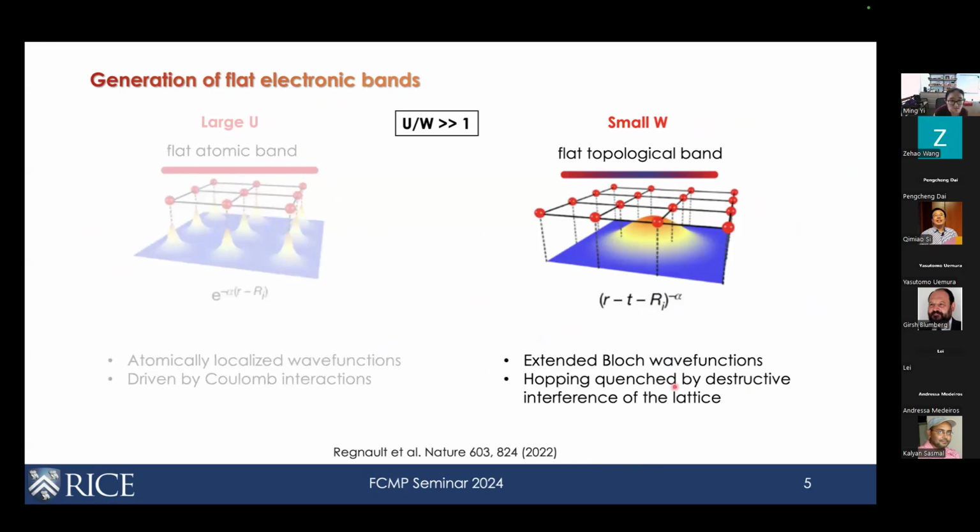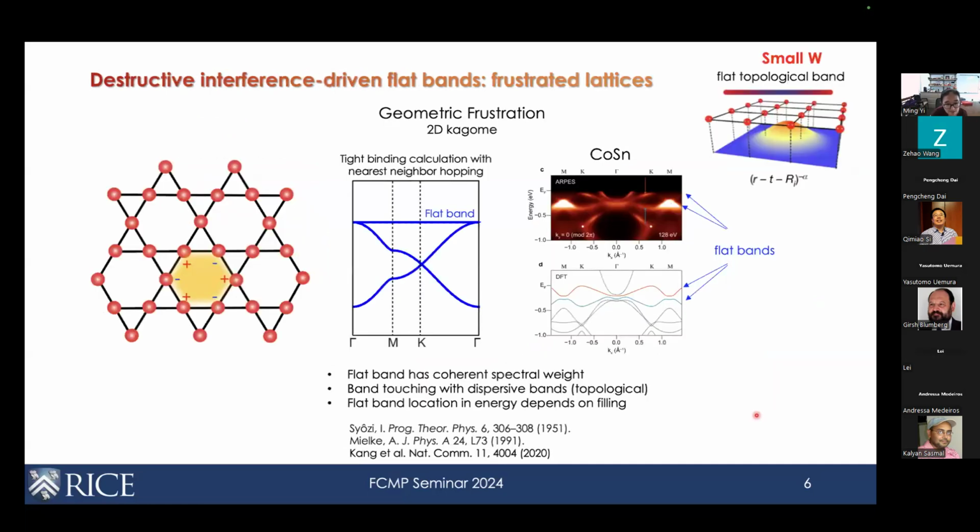And this is the direction where you can have the quenching of the kinetic energy by the destructive interference of the lattice, right? This is where I think the community is now very familiar with these examples. The Kagome lattice is the most commonly occurring lattice motif amongst the materials that we have, where you have this destructive interference of the electronic wave function.